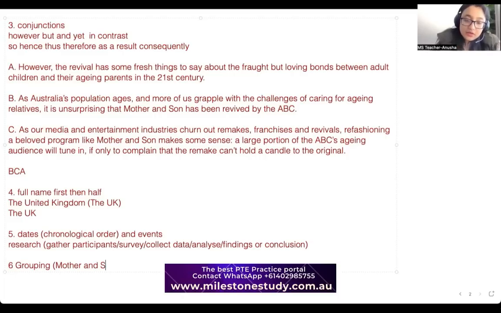And then again, they talk about the same program. And from there, they introduce the word revival. And after that, in the third line, they are also giving the word revival. So how they are pairing the sentences, the words. Introduce something, talk about that, introduce something else, and then talk more about that. That's called grouping.